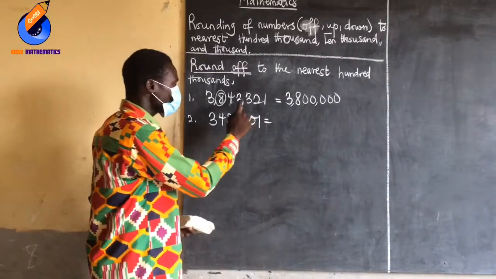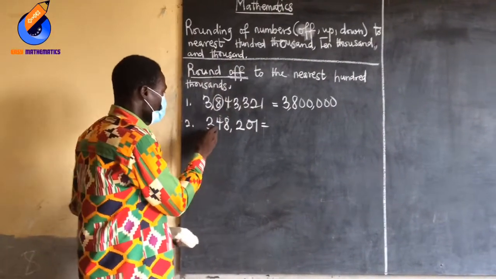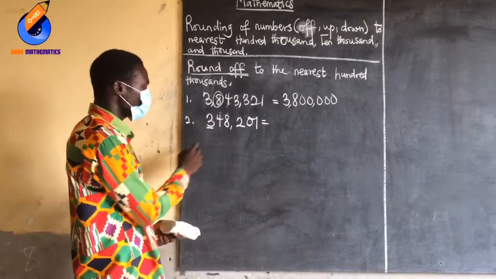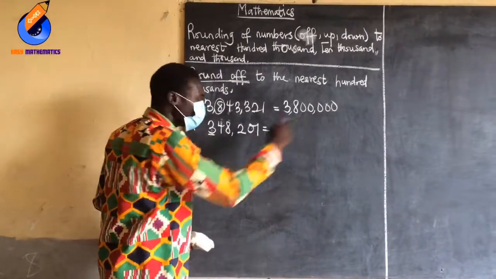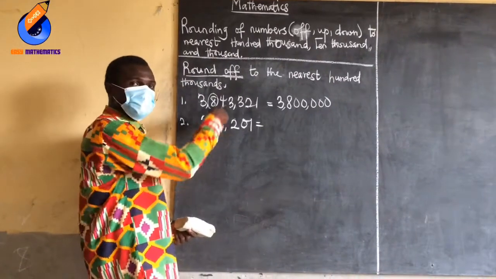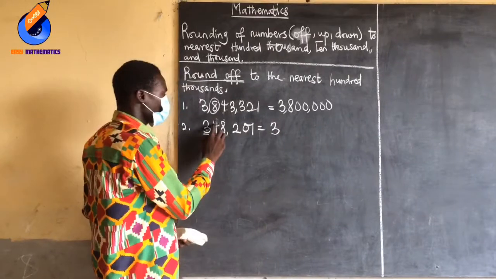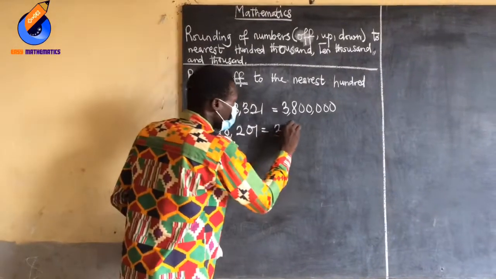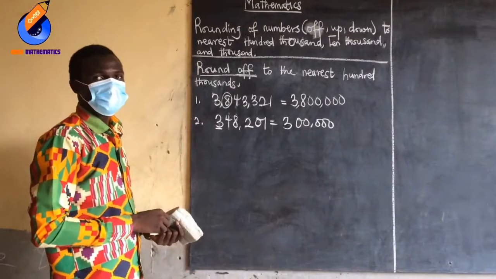Ones, tens, hundreds, thousands, 10,000, 100,000. This is the number. The number close to this number on my right is 4. This 4 is less than 5. So I'll maintain my 3. And 1, 2, 3, 4, 5, I'll change those to 0.